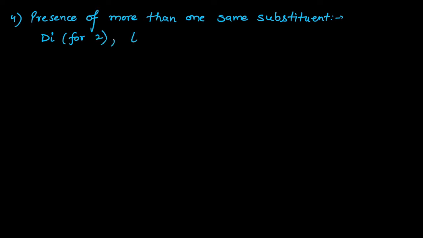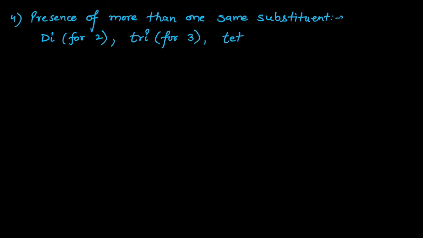Now let's discuss the fourth rule, that is presence of more than one same substituents. Now in these examples, we will see that the substituent is same, but it occurs in the chain multiple times. Suppose it is occurring 2 times, we add the prefix di.